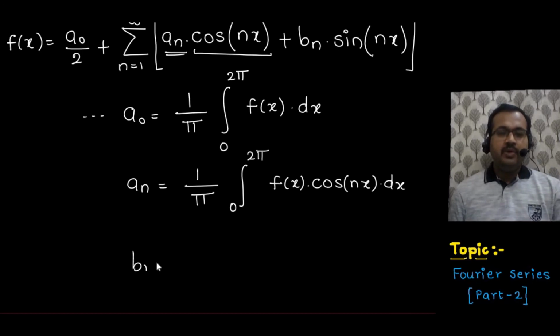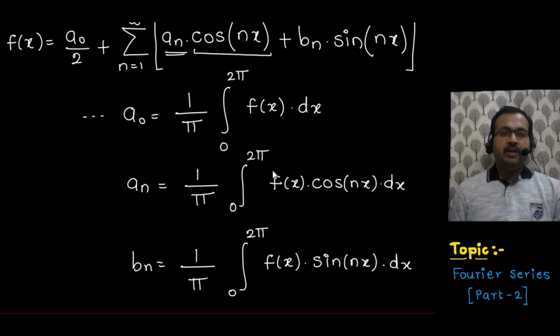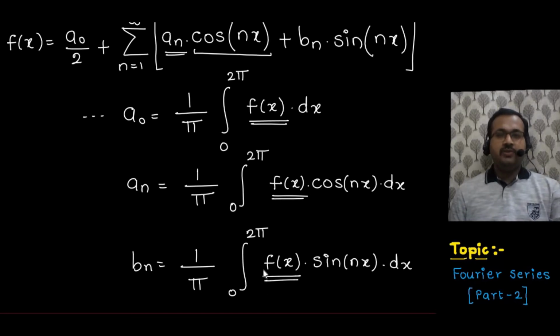Similarly, bn can be evaluated by using formula 1 upon pi integration 0 to 2 pi of the function f of x into sine nx with respect to x. So depending upon your function f of x, we can evaluate these three definite integrations, substitute those values, and we get the required Fourier series for the function f of x.